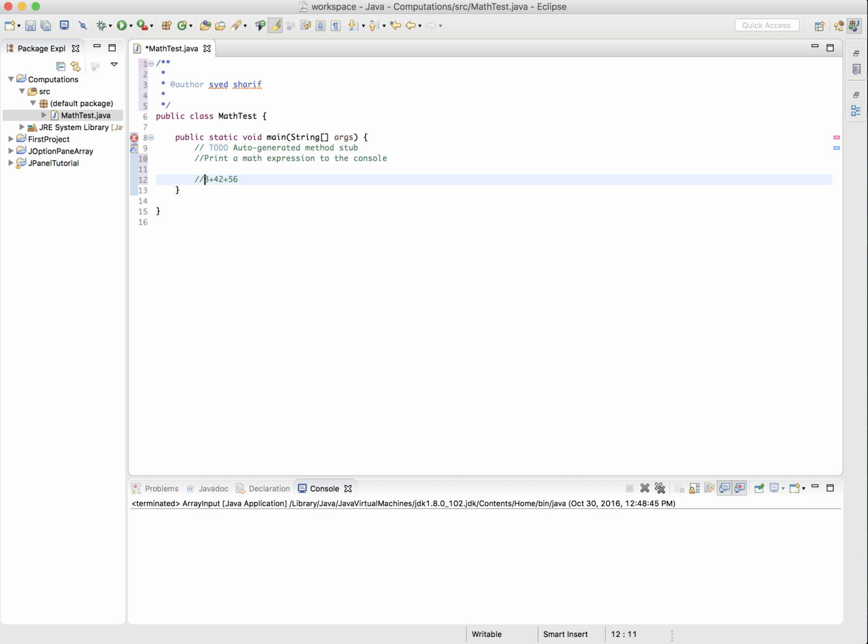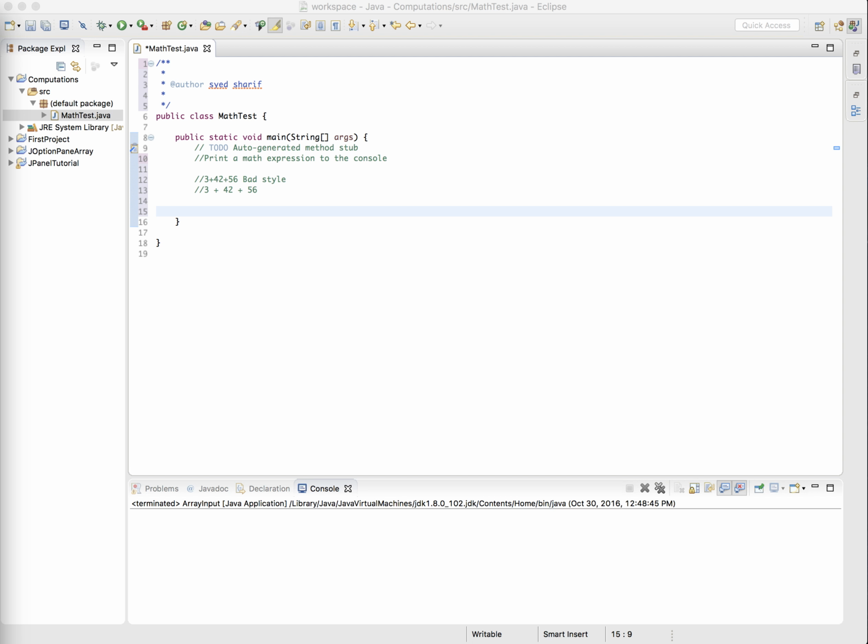Let me actually comment that out as bad style coding. Alright, now the good version of this would be like so, spaced out and very easily legible, as you can see. So that's basically what it means to have a bad style and good style of coding.